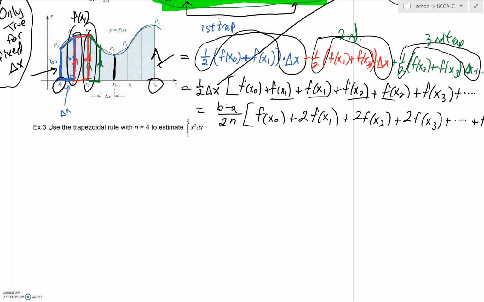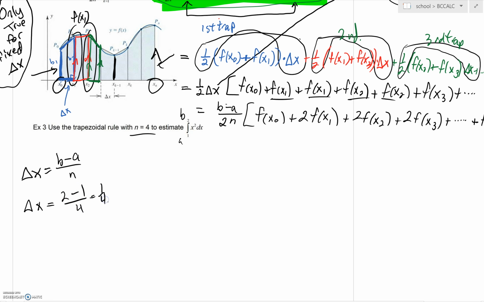I think our next problem can show you why we can appreciate having this method. You can see that if we had n equals 4, we know that delta x is b minus a all over n. So our b is 2 and our a is 1. So we have 2 minus 1 all over a 4.